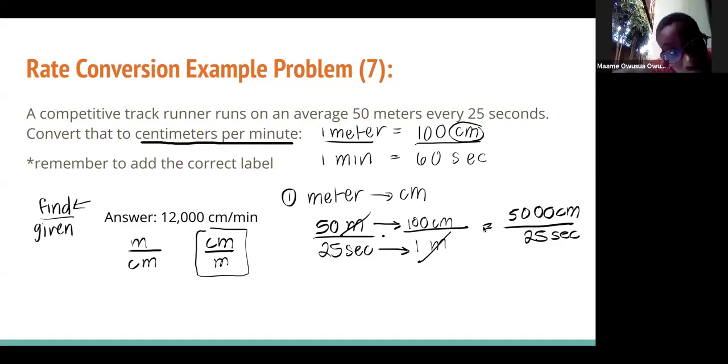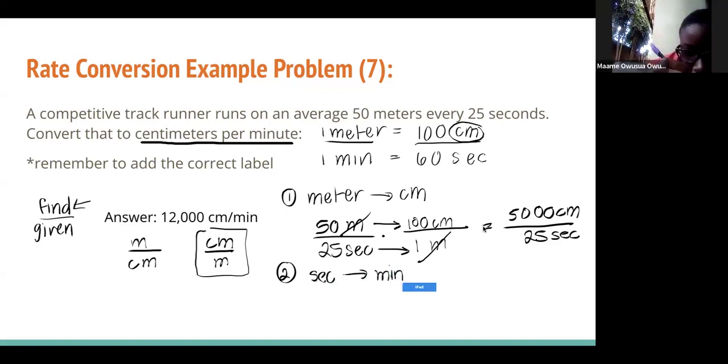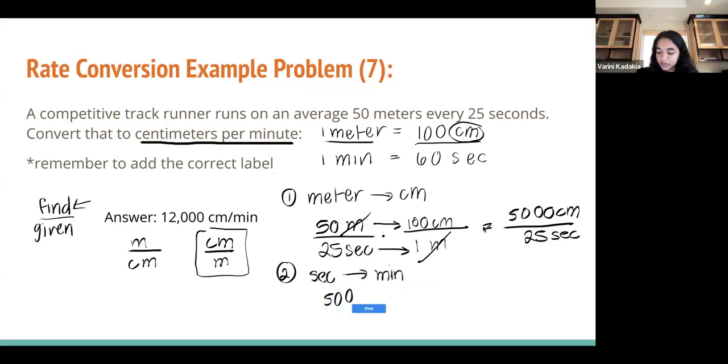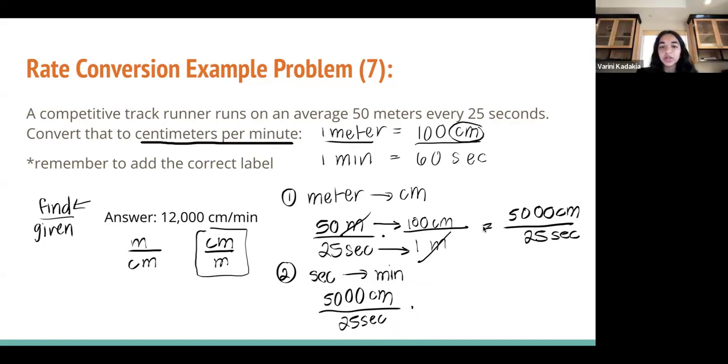Yeah? Okay, so now let's do our second step where we convert seconds to minutes. We have our ratio 5,000 centimeters over 25 seconds. What should we multiply by in order to convert the seconds to minutes?